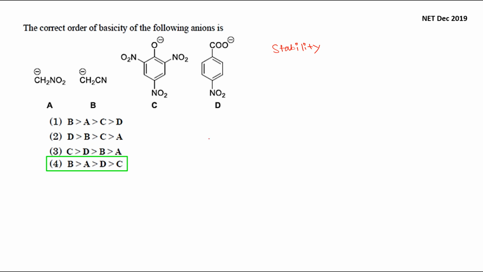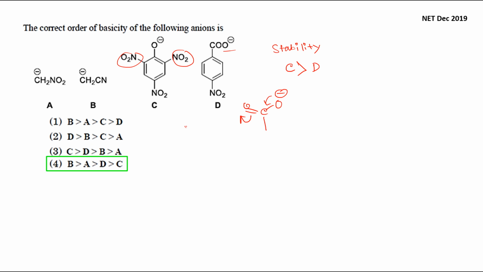So here maximum stability will be for C, because here we have a total of 3 NO2, not just plus I effect, minus I effect, but it can also show minus M effect. So C will be maximum stable. After that it will be D, because in case of D, even if you are simply focusing on this part, because of resonance, 2 equivalent resonance structures we can get, and that is the reason it is very stable.